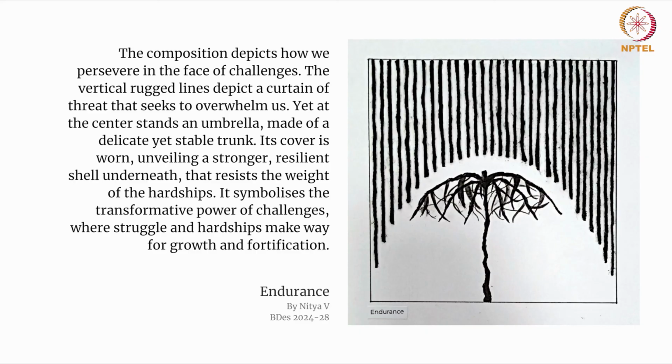And if you look at the line quality, it is worn and rugged as well, unveiling a stronger, resilient self which is hidden underneath. And that resists the weight of the hardship, which is there on the top of the composition through vertical lines. So if you look at the symbolic meaning, it symbolizes the transformative power of challenges, where struggle and hardships make way for growth and fortification.